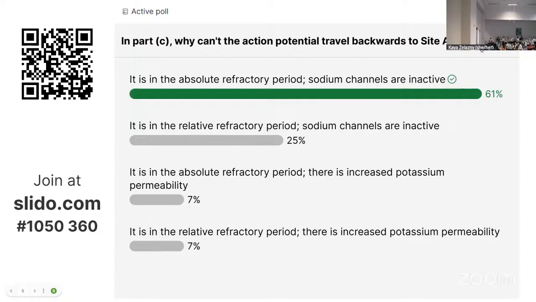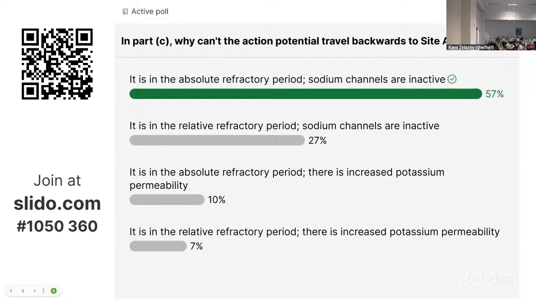Okay, cool. We got a little bit of diversity in answers, but we mostly landed on this correct choice. So this is an important impact of refractive periods and how they work, right?